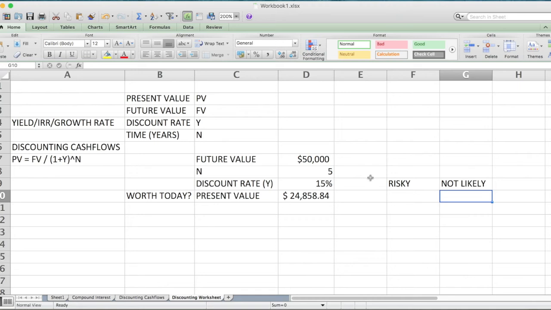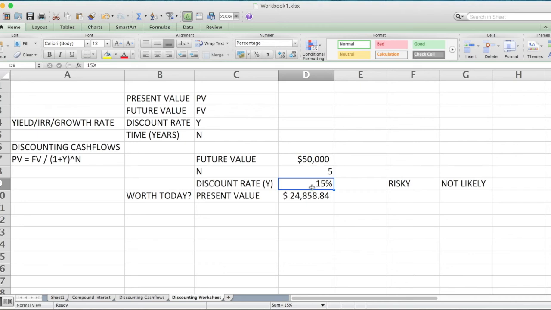So let's say it's not a $50,000 bonus from my boss to retain me, but rather it's a $50,000 contract that's super safe from the government. In that case, we wouldn't discount it at 15%. We'd say, well, super safe, it's a guaranteed thing. I just have to comply with the contract.